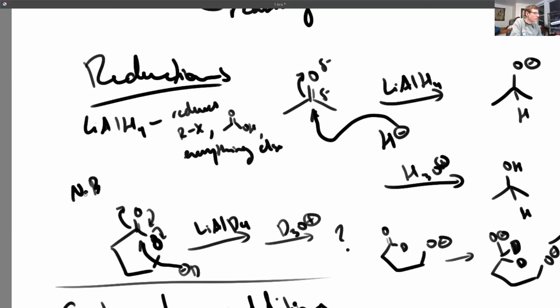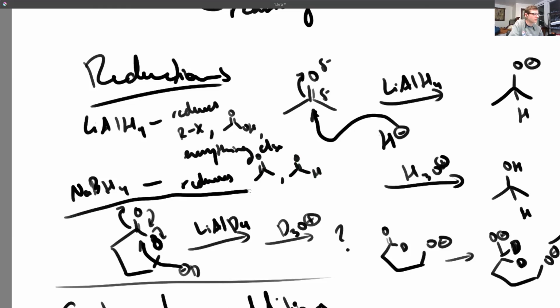And then sodium borohydride. Well, this one reduces ketones and it reduces aldehydes. So they have different strengths.